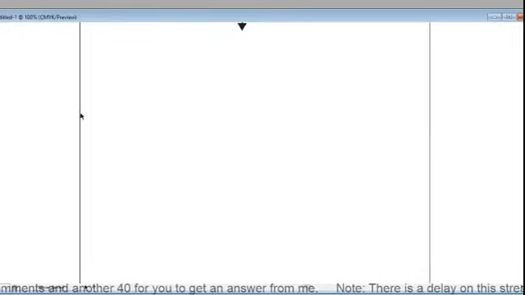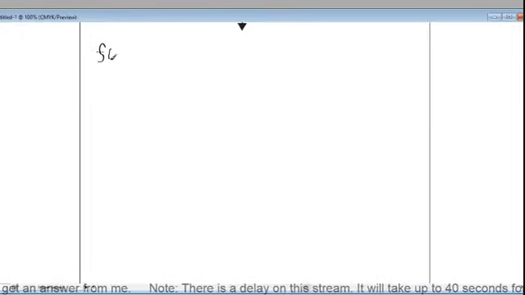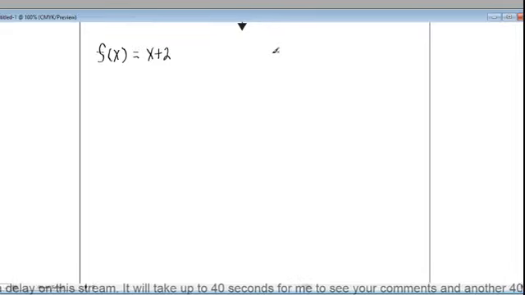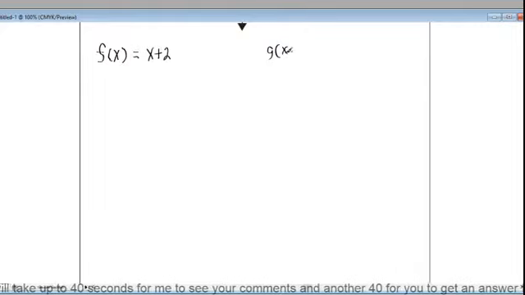Let's say that instead of having f of 5 equals something, let's have f of x be just some function, like x plus 2. And maybe we have a g of x that is x squared.